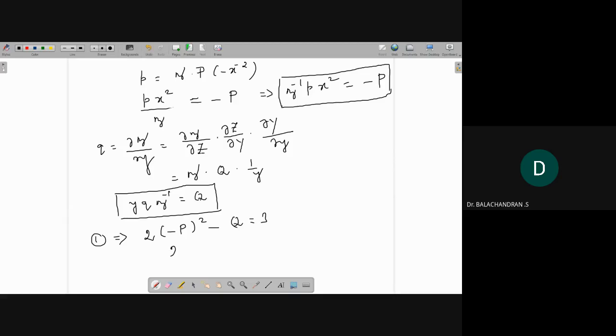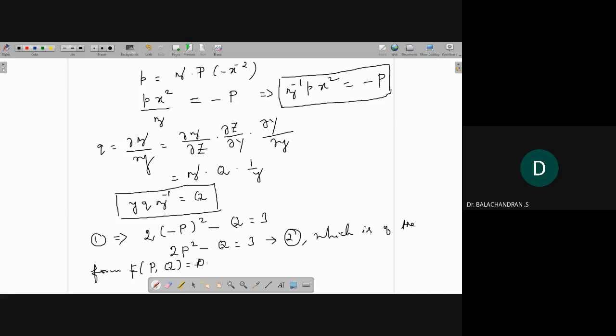So 2p square minus q equal to 3. This is equation number 2, which is of the form f of p comma q equal to 0.